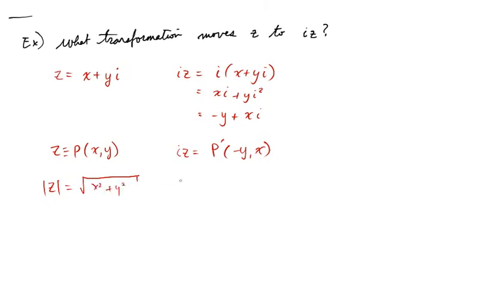And the modulus of iz is going to be negative y squared plus x squared, which actually turns out to be the same thing. So the moduli of these two numbers are the same. The length of the vector does not change, but the position changes.